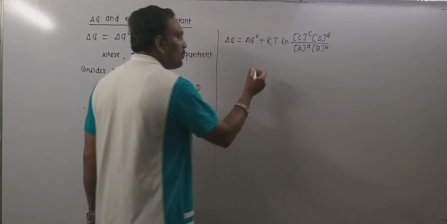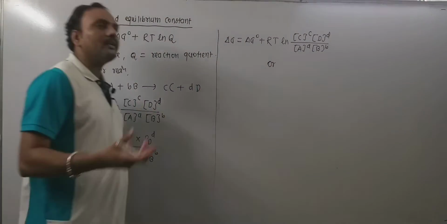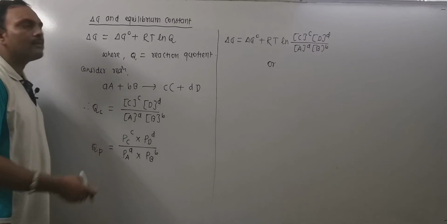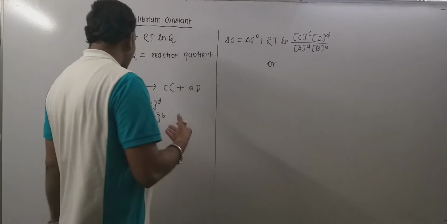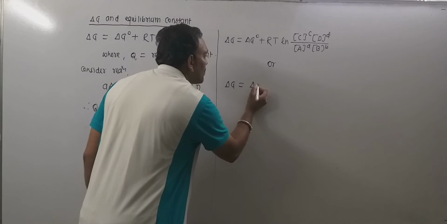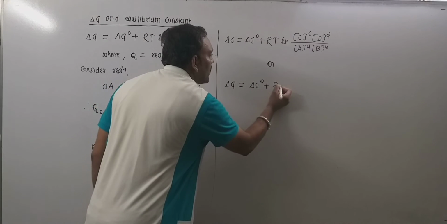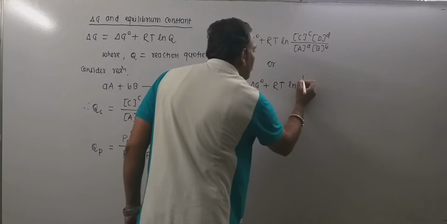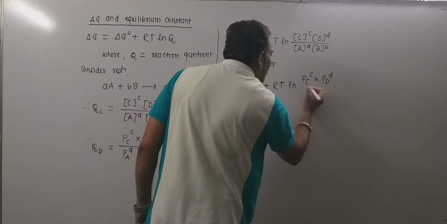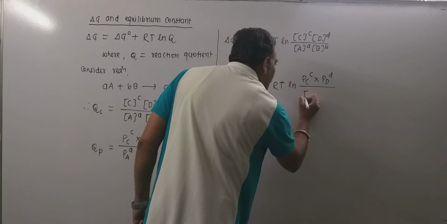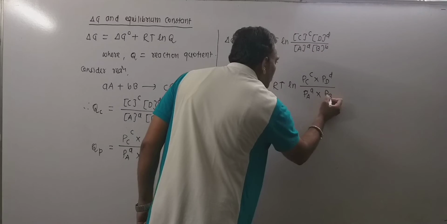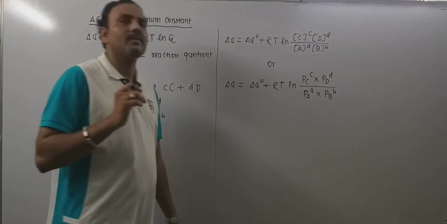Or, if the ingredients are in the gaseous phase, then Qp needs to be substituted. Thus we get delta G = delta G naught + RT ln of partial pressure of C to the power c into partial pressure of D to the power d, upon partial pressure of A to the power a into partial pressure of B to the power b.